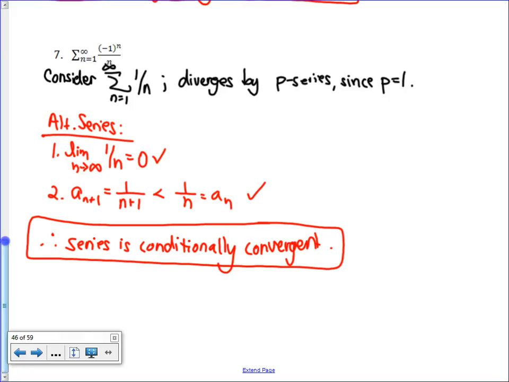Now there is something that we haven't really been watching out for, and maybe we should have been. Let me see, I have a question. For this one, how can you know it's not absolutely convergent? Because 1 over n diverges. And remember when I'm doing this, you use the series test first. I didn't see, I'm sorry.